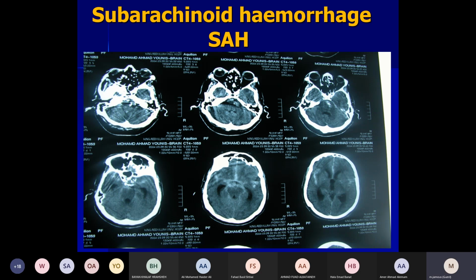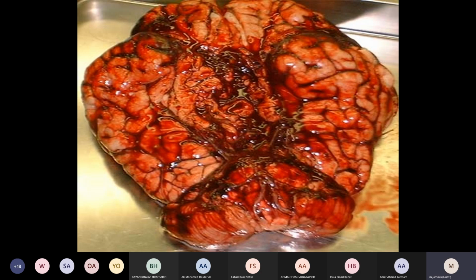Because this is a continuous space, bleeding within the subarachnoid space will affect the whole brain. This is an autopsy showing subarachnoid hemorrhage affecting the whole brain, and this reflects the poor outcome of patients with subarachnoid hemorrhage.